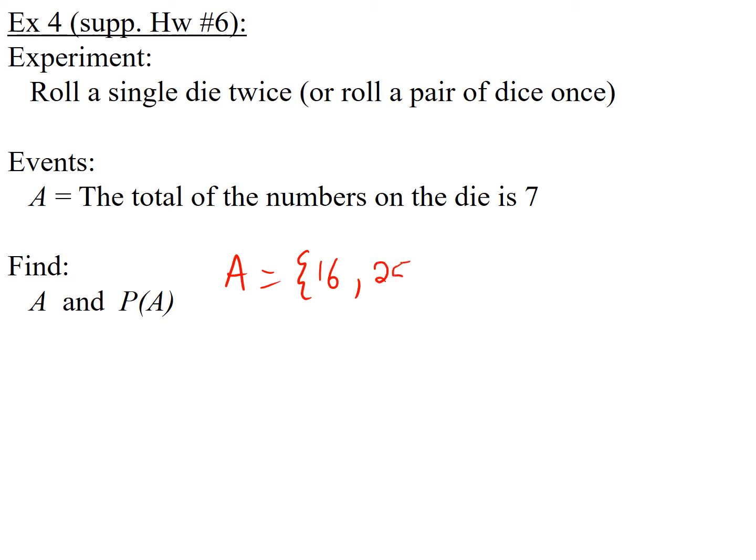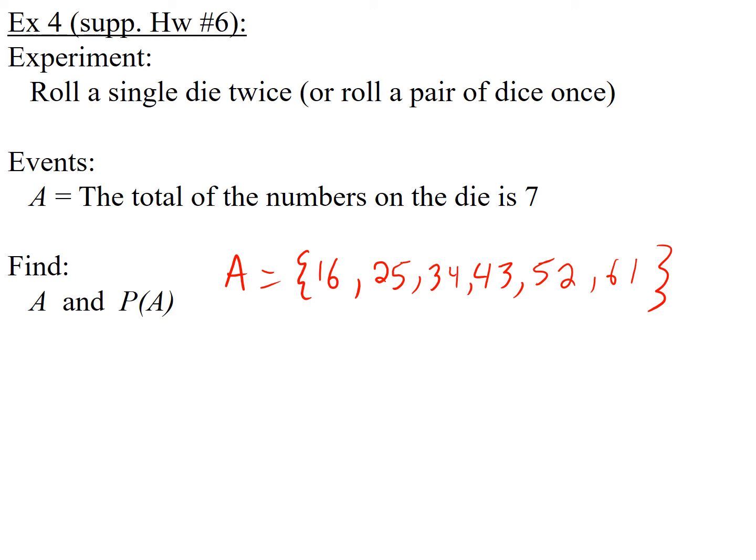That will make the other one have to be a 5. Then 3,4, 4,3, 5,2, and 6,1. Those are all the rolls of a pair of dice where the total is 7.